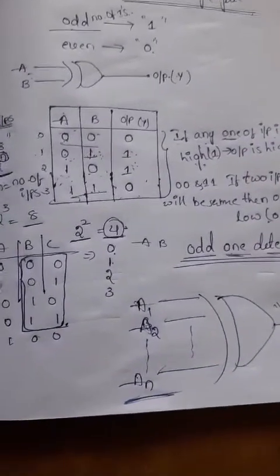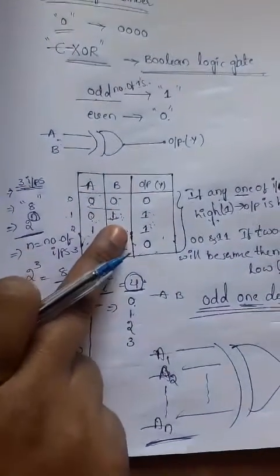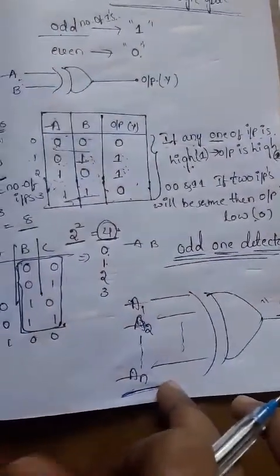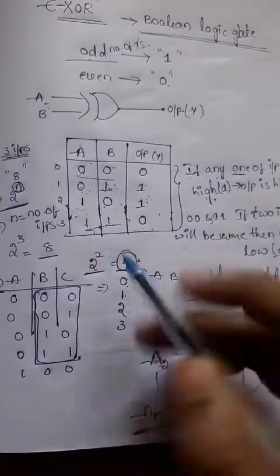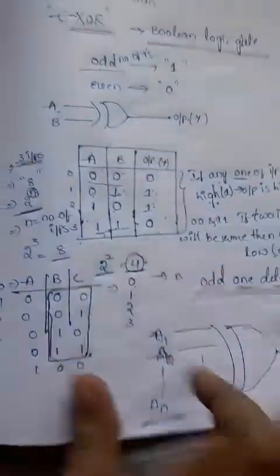Here, for example, I am taking a two-input XOR gate with only two-input combinations. If we have n inputs, we get 2 power n combinations for the input. So here I am taking two inputs.